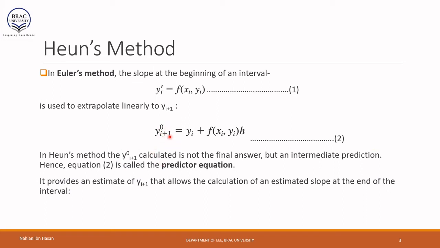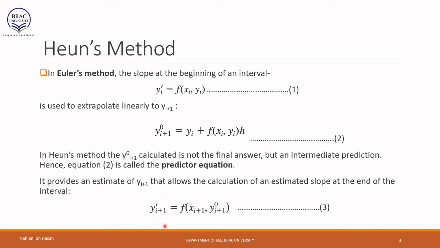That's why we are using a new notation here, yi plus 1 with a superscript of 0. It provides an estimate of yi plus 1. It's not the differential value, it's just an intermediate equation. This is not the final result.